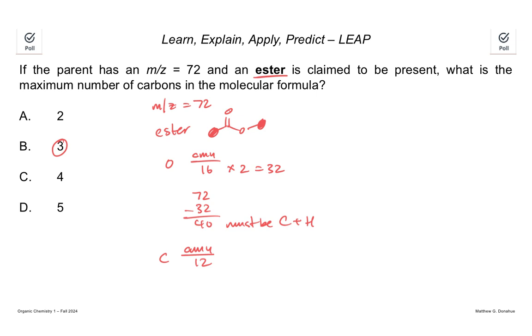So what do we get? If we say C3, that's 36. So 40 minus 36 would give us 4 hydrogens. And then we said the ester has to have 2 oxygens.